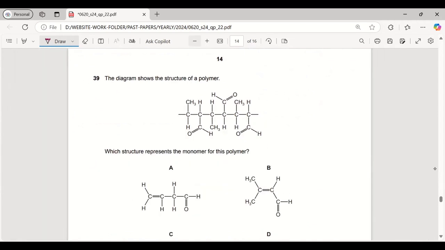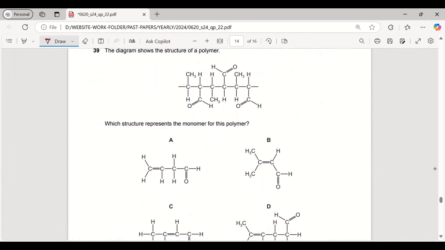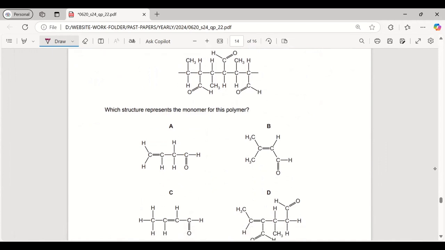Next question is about polymerization. The diagram shows the structure of a polymer. This is the polymer. Which structure represents the monomer of this polymer? Okay. Now for this one, you have to see the repeating unit. What is the repeating unit here? As you can see, the polymer is made from a carbon chain. So lots of carbons are linked with each other.